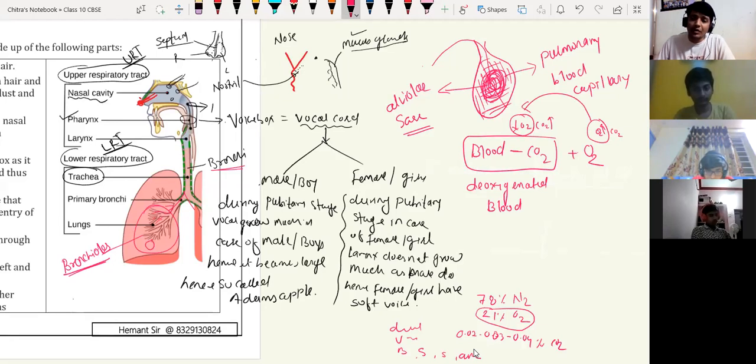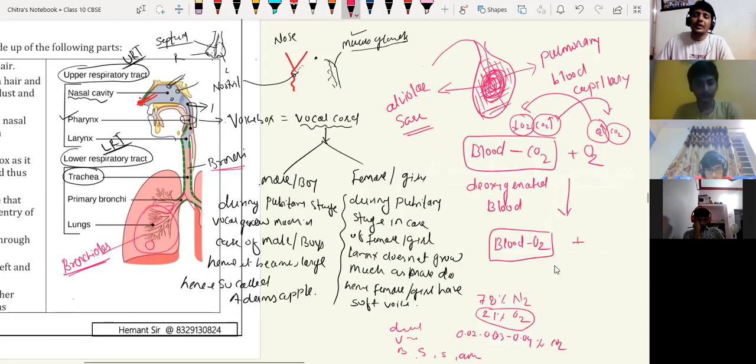In blood we have a higher concentration of carbon dioxide, but in the alveolar sac a lower concentration, so carbon dioxide will flow from higher to lower concentration in this direction. After the exchange of gases, blood combines with oxygen and carbon dioxide gas is separated out. That blood along with oxygen is called oxygenated blood.